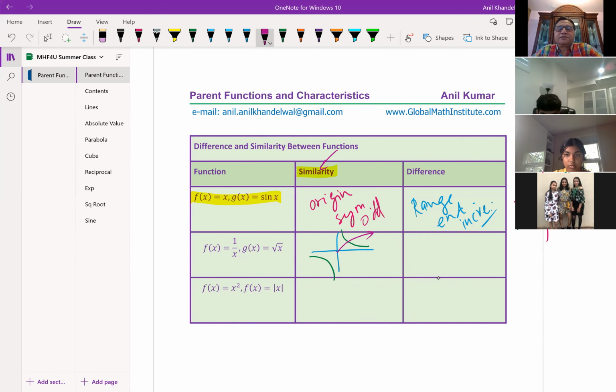Tell me the similarities. There are many differences, right? Domain, range, everything is different. But what are the similar things between the reciprocal and the square root function?